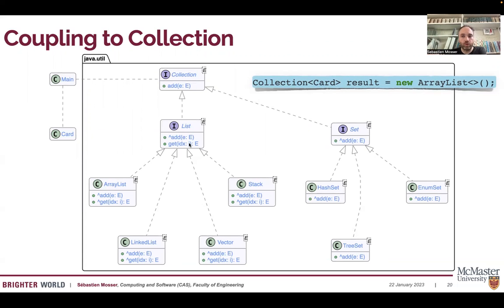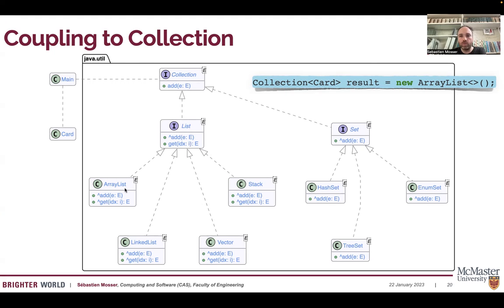And remember, the notion of type is an annotation that helps us to keep our code coherent and consistent. So if I'm saying that my result is a collection of cards, I'm removing the information that it's not any collection. It's a collection that is ordered and comes with this notion. It's a sequence.